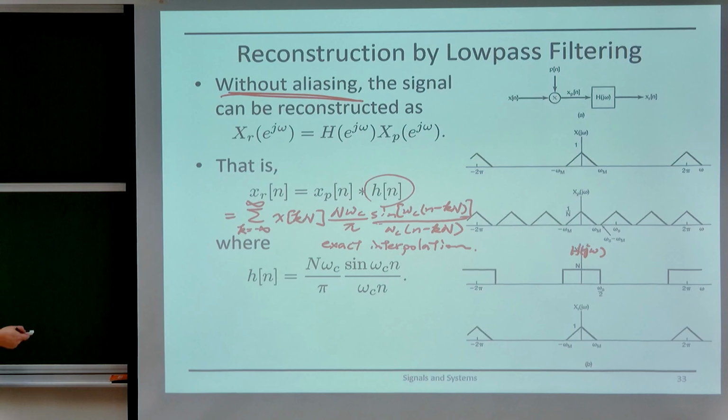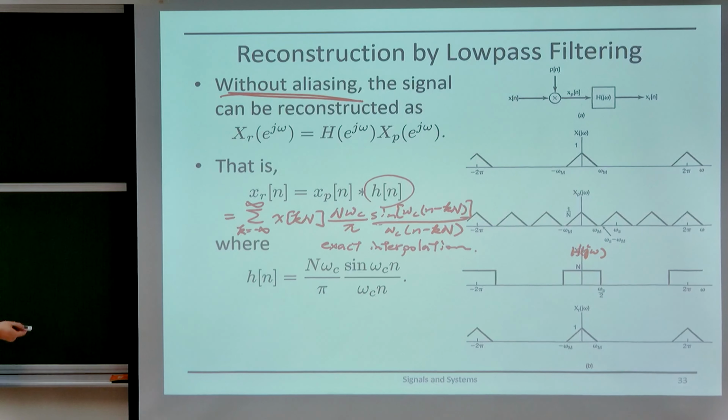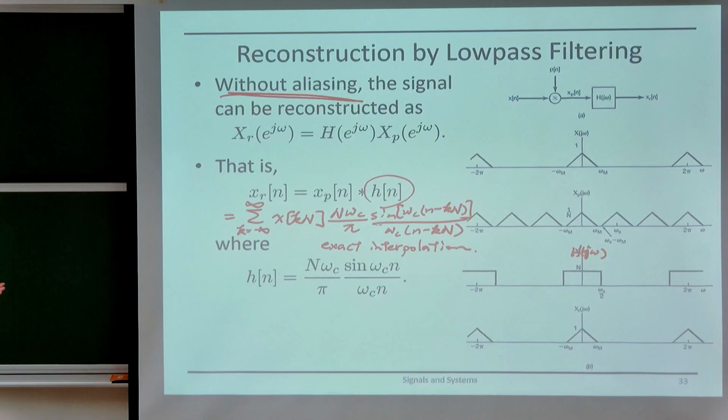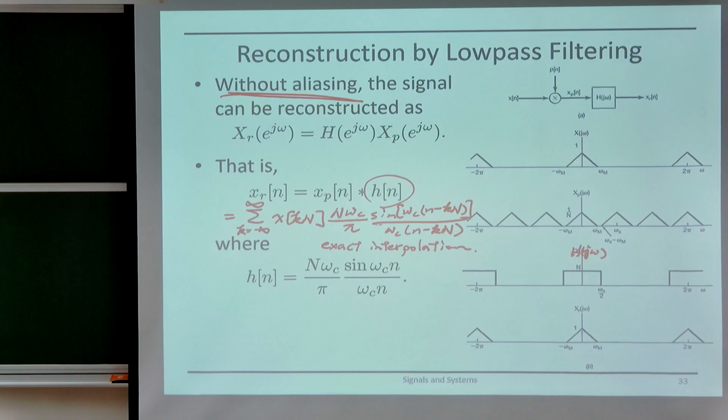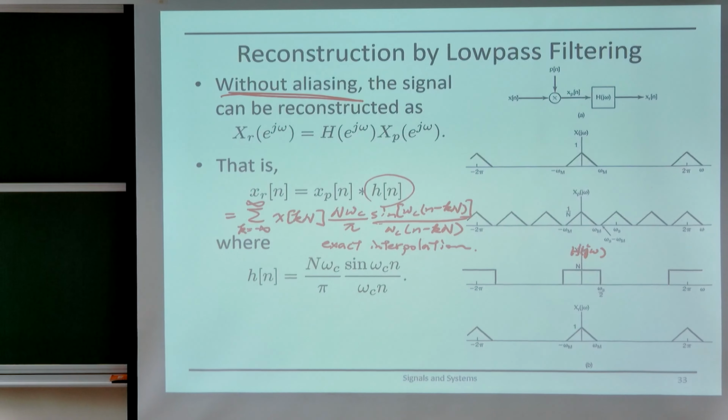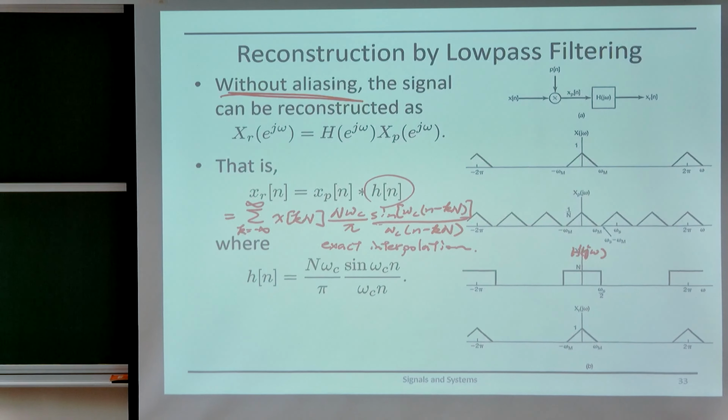When we talked about sampling of continuous time signals, we said that the motivation is to convert continuous time signals to discrete time so that we can perform discrete time processing. But if we start out with a discrete time signal, why do we want to perform sampling anyway? Sometimes you may sample too much.